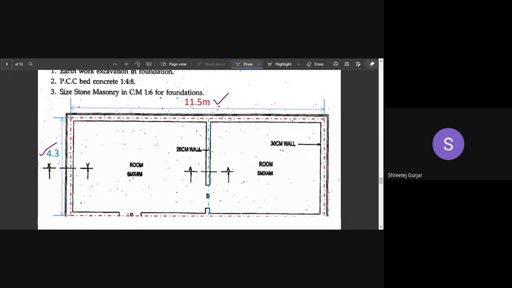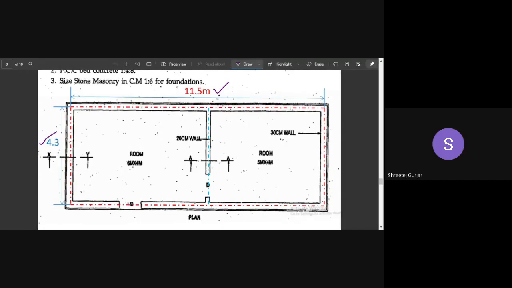Two long walls and two short walls in the 30 centimeter wall, and only one short wall in the 20 centimeter wall. You have to remember these numbers of long walls and short walls. We are doing this separately for 20 centimeter and 30 centimeter because we have been given two different walls, and the walls are different.